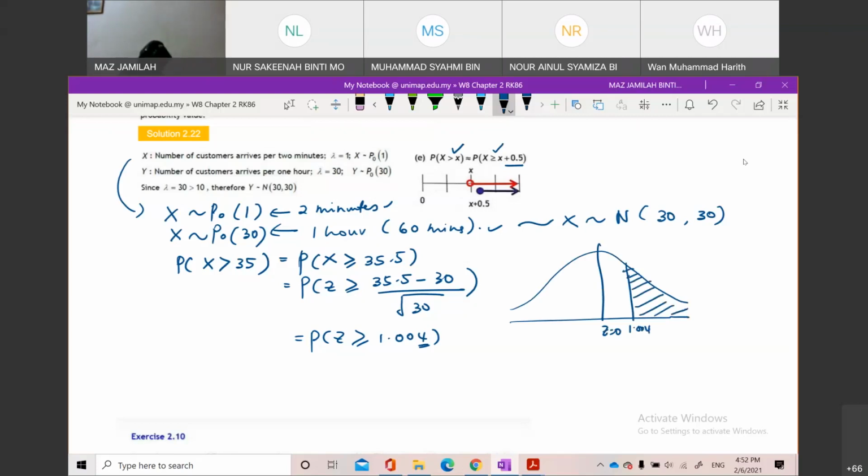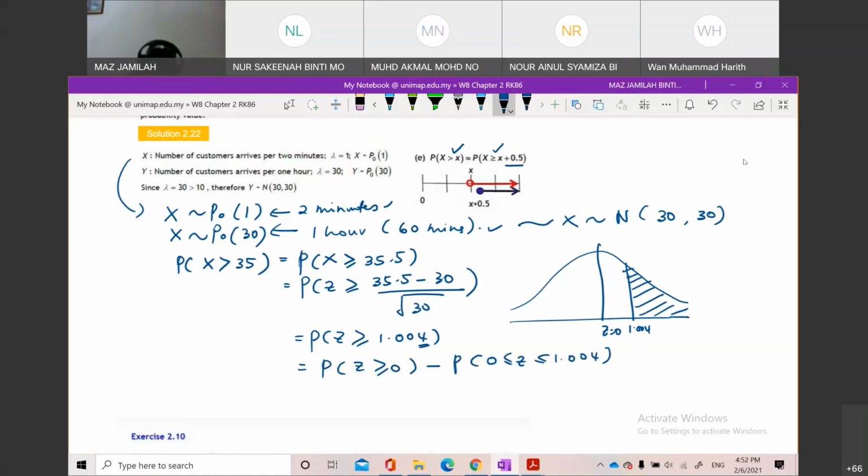So in this case, it will be P(Z >= 0) minus P(0 < Z < 1.004).